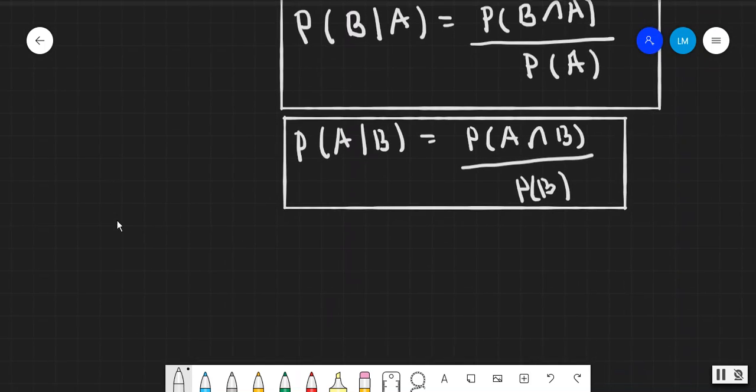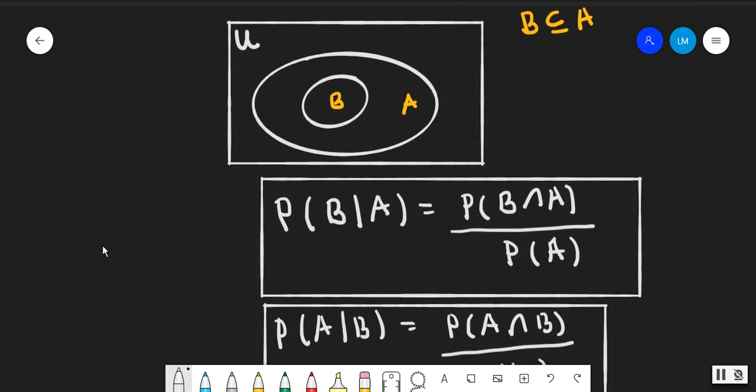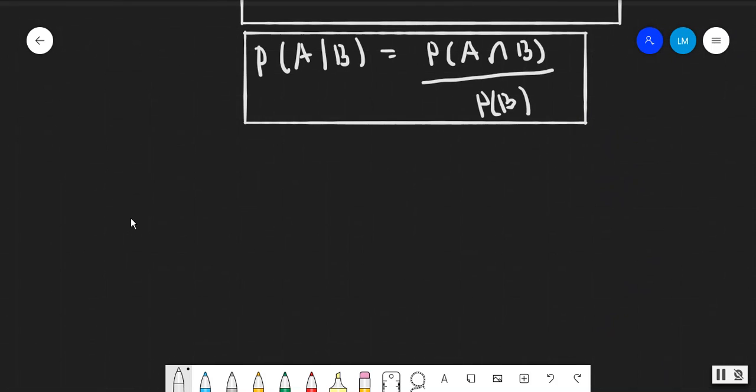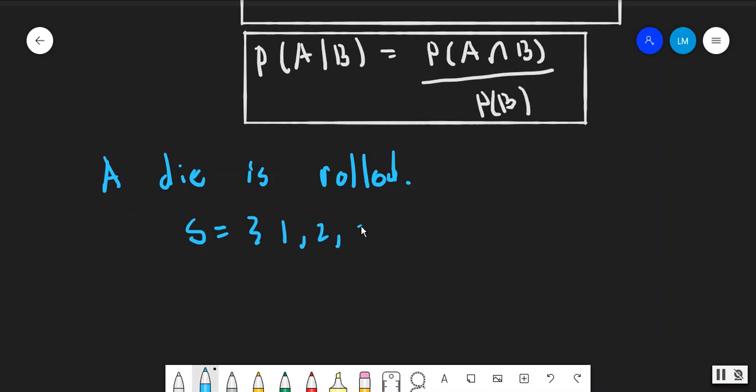Now, there are many ways to interpret conditional probabilities, but the best way to look at them is this: let's say, for example, that a die is rolled. The corresponding sample space would normally be, of course, 1, 2, 3, 4, 5, and 6.